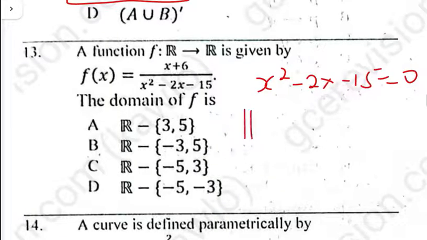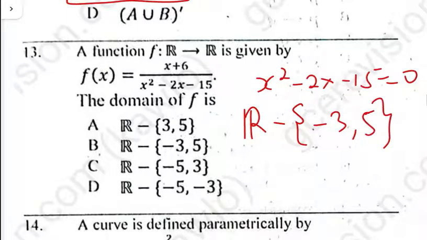So our domain will be the set of real numbers excluding those values. And when we solve this quadratic, we will find that the values that make this undefined are negative 3 and 5. Right? So our domain will be equal to that set. So key here is B.